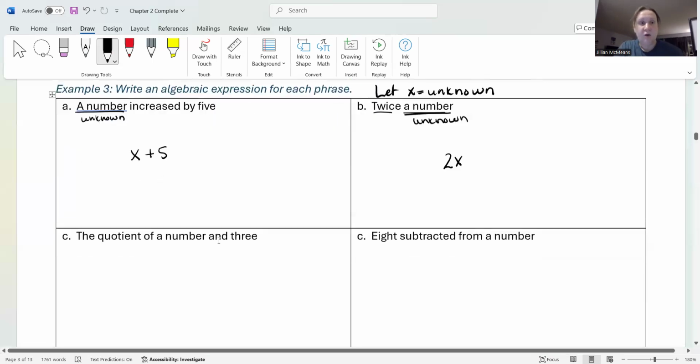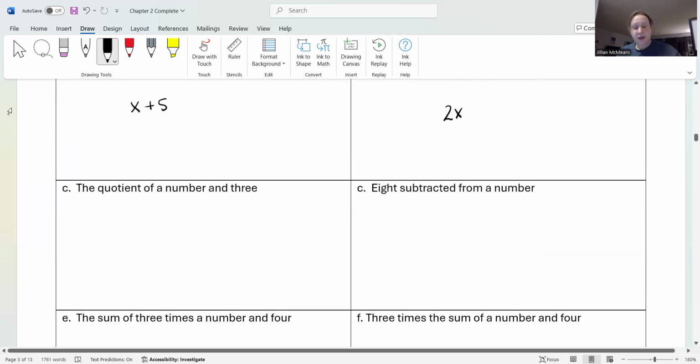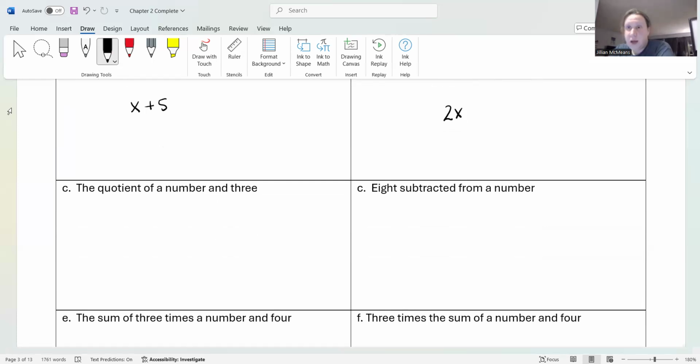Now, for part C, we're starting to ease our way into this world of algebra. When you're dealing with a quotient, remember, quotient should right off the bat scream division to you. We typically write our quotients in algebra as a fraction. So when you think quotient, think division, but think division as a fraction.